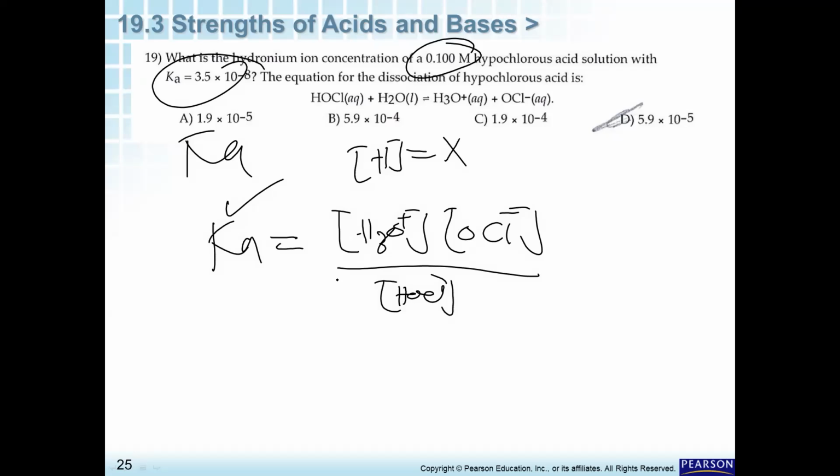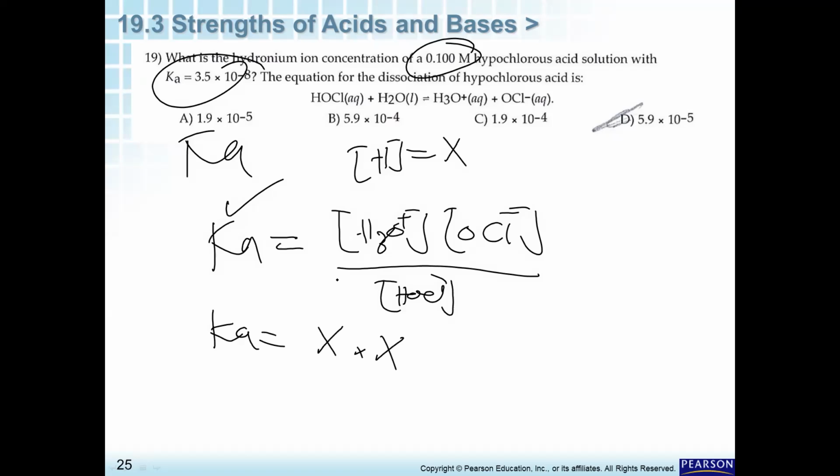So the Ka value is then equal to X, that is H plus, times another X, because they are equal. We agreed on that. These are the two little purple ones.